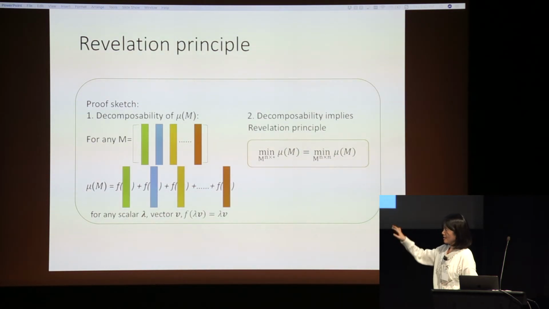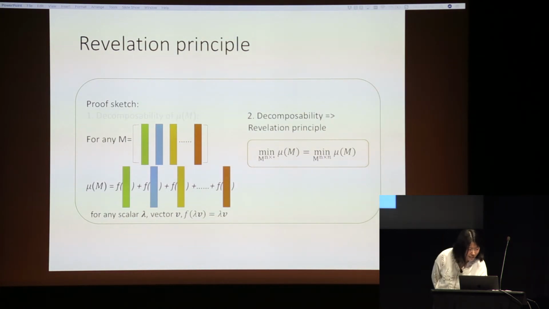But it satisfies what we call the decomposability property: it can be decomposed as the sum of an f function of each column, and the f function is linear for the scalar. So it's not a linear function, but it's linear for the scalar. Then we show that this observation implies the revelation principle.